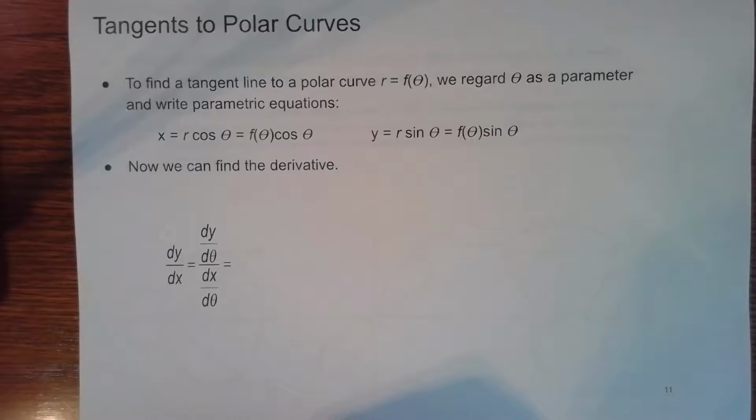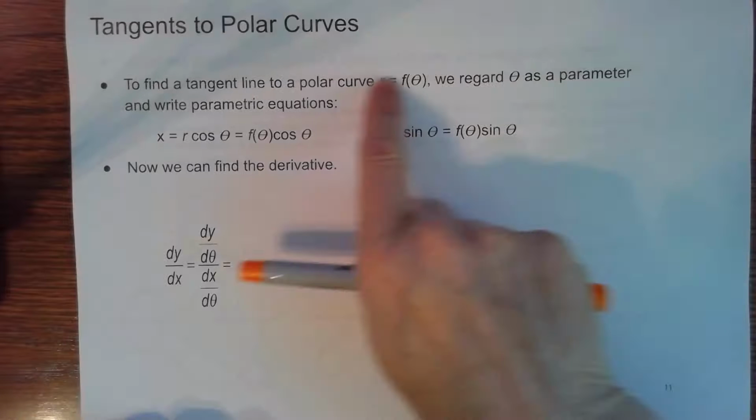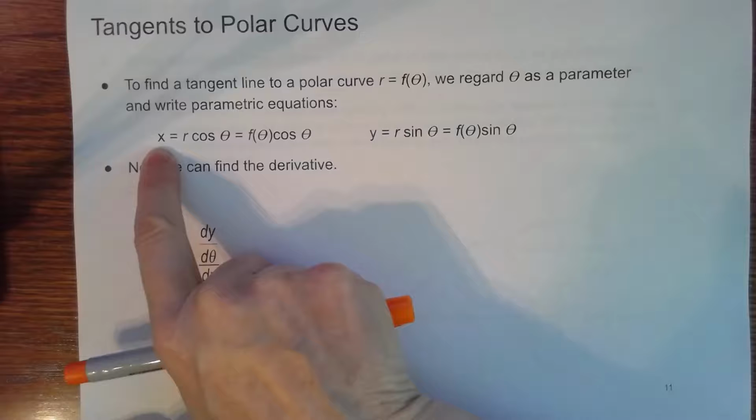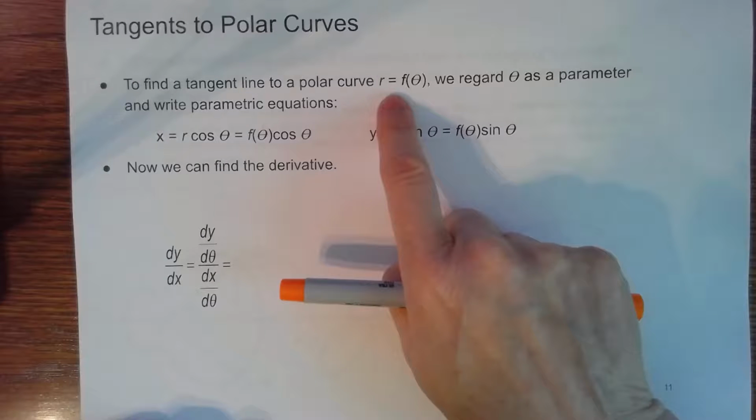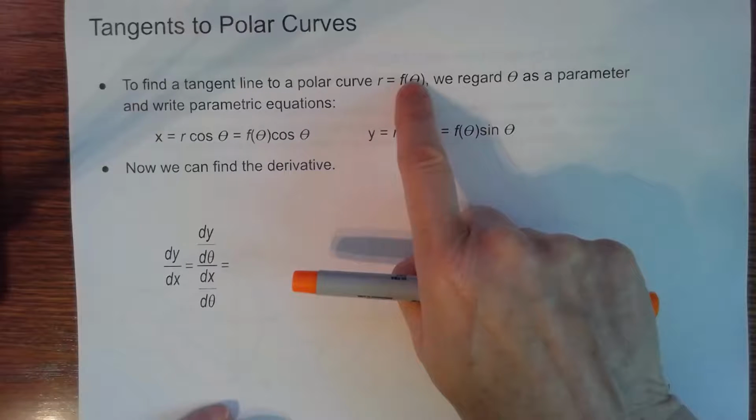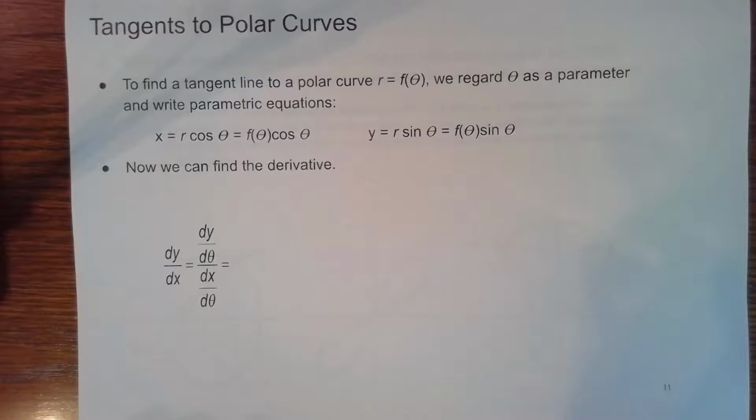We know that x equals r cosine theta, and now r is a function, so we can substitute whatever function in there and multiply that by cosine theta, giving the x coordinate in a Cartesian system. Similarly, to convert to the y coordinate, we take r times sine theta. So r is really just some function of theta, and we multiply that by sine theta to get y.